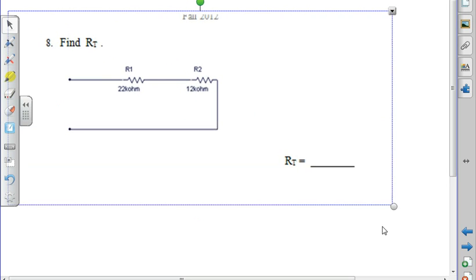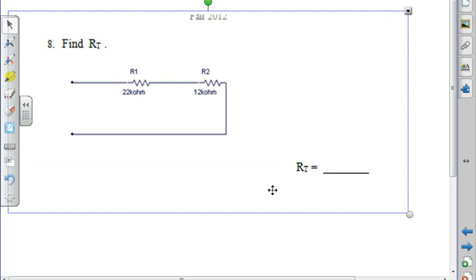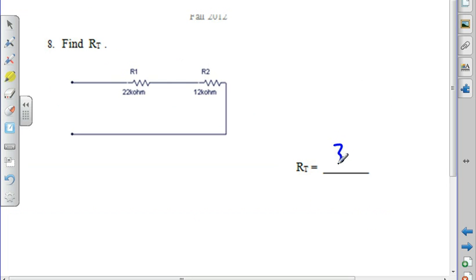Okay, this is another give me problem. What's 22 plus 12? 34. 34K ohms. All right. So you put down 34 minus 0.1 units.